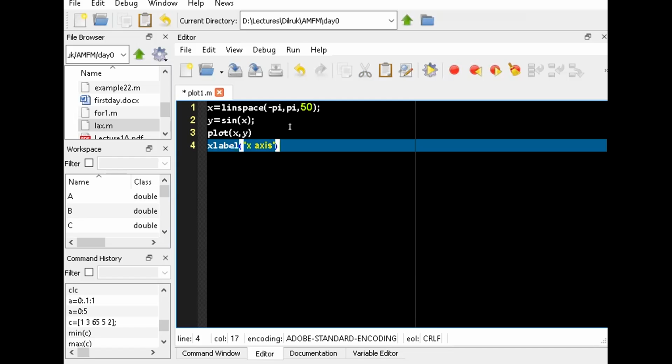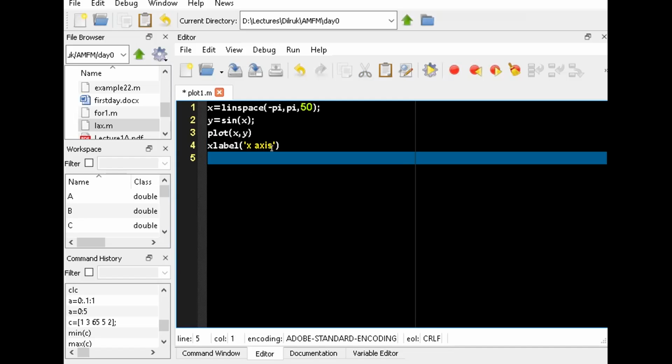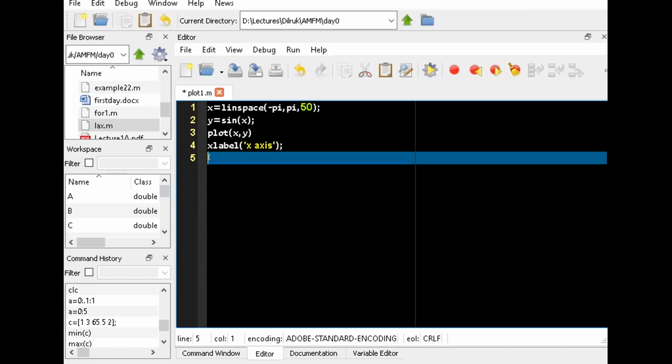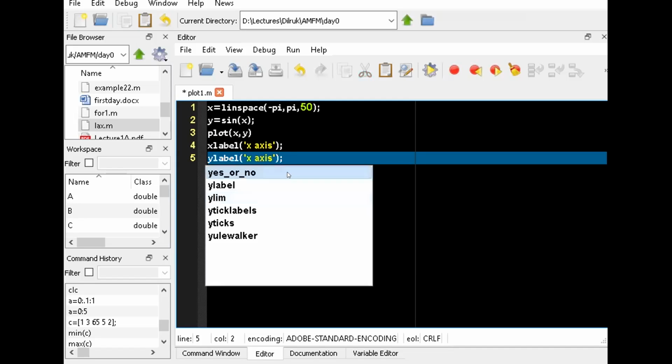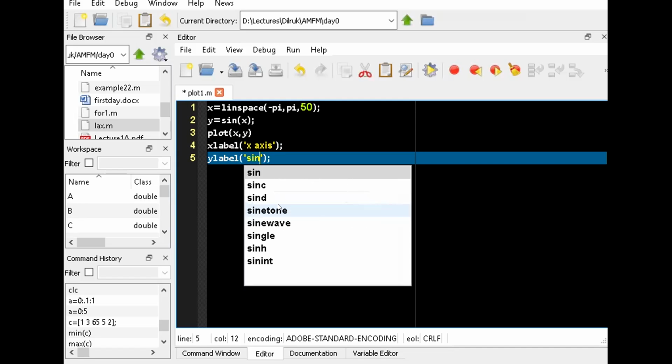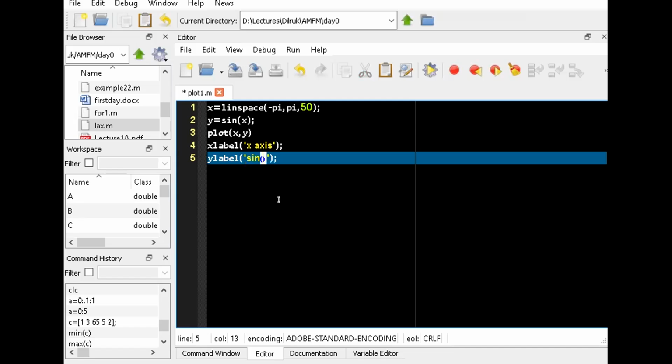You can give any name, right? You put a semicolon. Okay, and you can label the y-axis as well. ylabel. I will give sine of x.